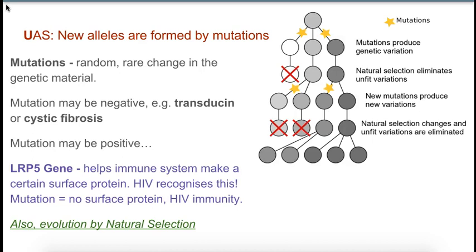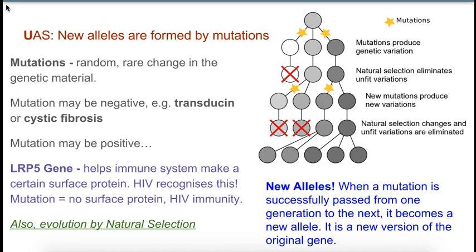So we can see here a simplified diagram of how mutations can lead to, down the bottom row there, variation in a population. And this can eventually lead to evolution by means of natural selection. When a mutation is successfully passed from one generation to the next, it becomes a new allele. It is a new version of the original gene.